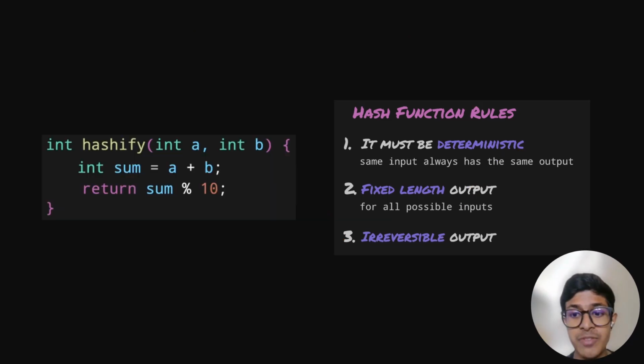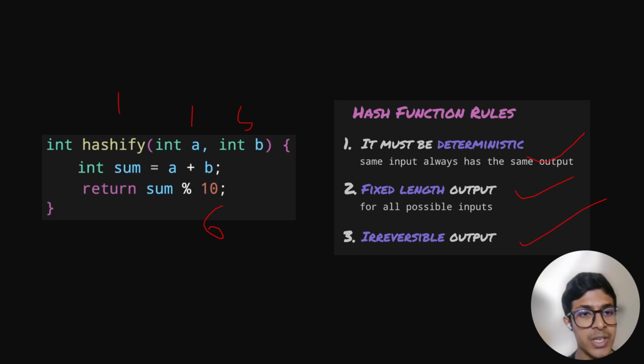Now moving on to a function which is actually a hash function. You can see that it takes two numbers, finds its sum, and then returns the first digit of it. Let's say we take 1 and 5, we get 6, which is deterministic as well as fixed length as well as an irreversible type.